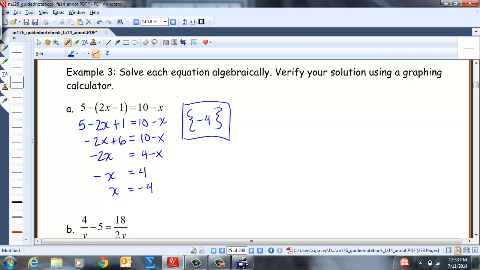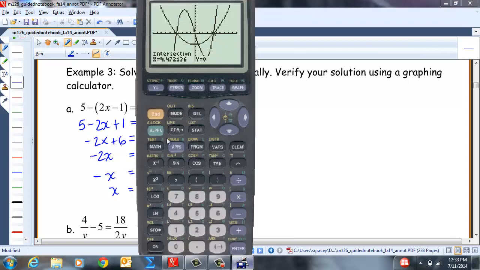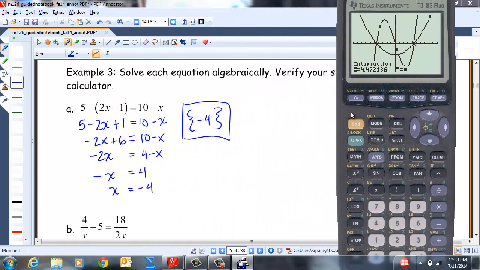Now, when I look at this one, it seems like the intersect method would be the friendliest, right? Because otherwise we'd have to move everything over anyway to get a 0 on one side. So let's see what we have going on with the intersect method for this one.